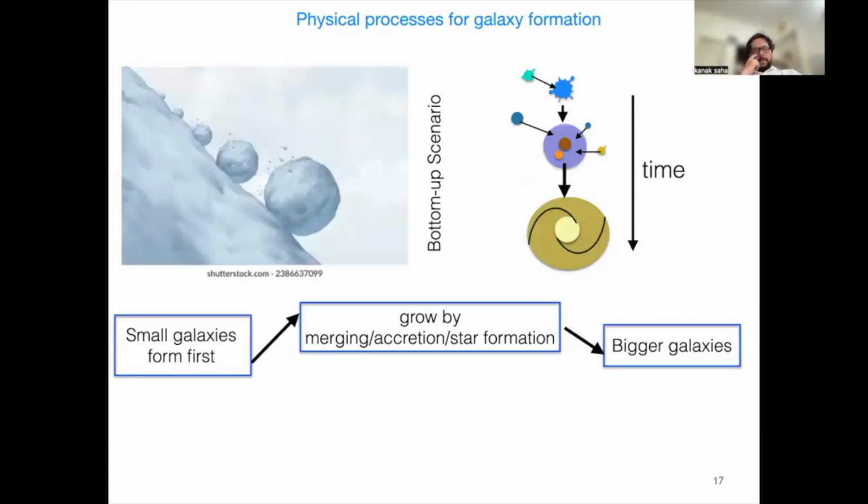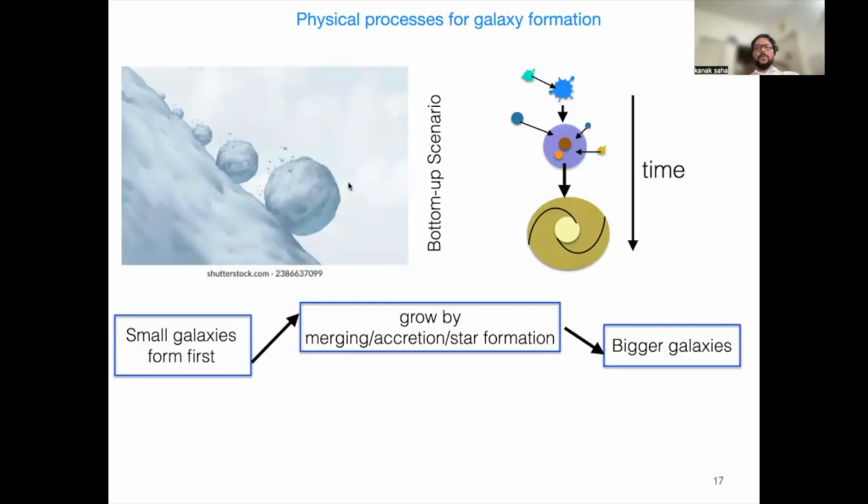Let's look at the formation pictures of galaxies. Here I show a small cartoon showing how a snowball grows. The snowball initially starts as a very tiny sphere, and as it rolls it accumulates more and more snow, and it grows over time into a big structure.